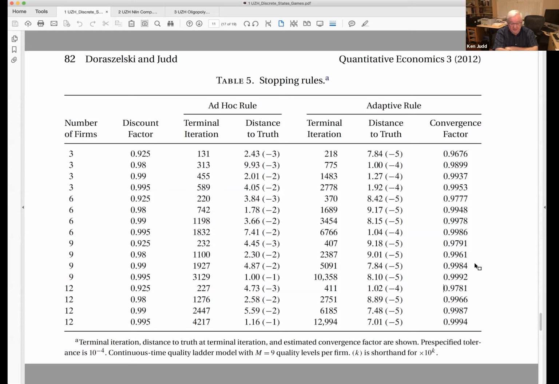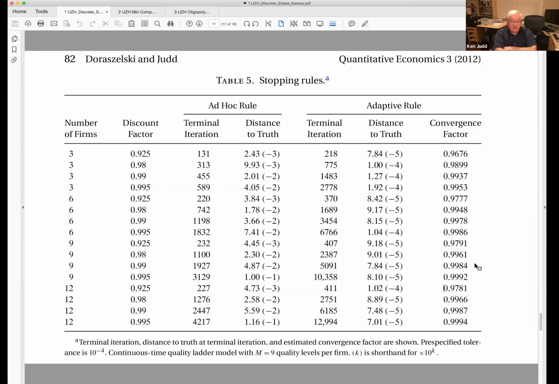Now, the stopping rules. Remember my first or second lecture, I talked about stopping rules and about how you generally don't know the rate at which something is going to converge. And so therefore you should estimate the rate of convergence. Well, this is a paper where we do describe this idea and apply it.